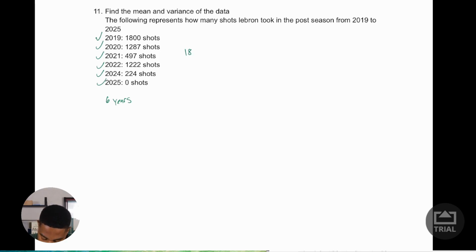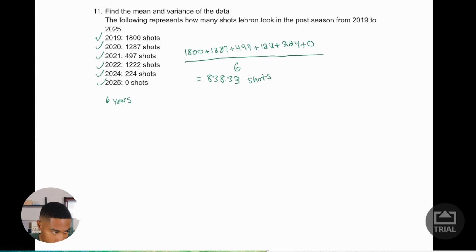So we'll do 1,800 plus 1,287 plus 497 plus 122 plus 224 plus 0 all over 6, right? This is just taking the mean, the average. So when I do that, this is going to equal 838.33 shots. All right. So I'm just going to say that's approximately 838 shots. Right? Can't have a third of a shot.